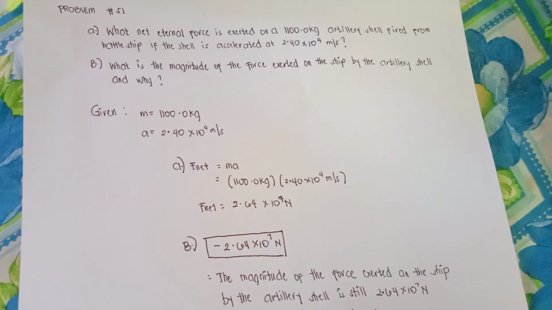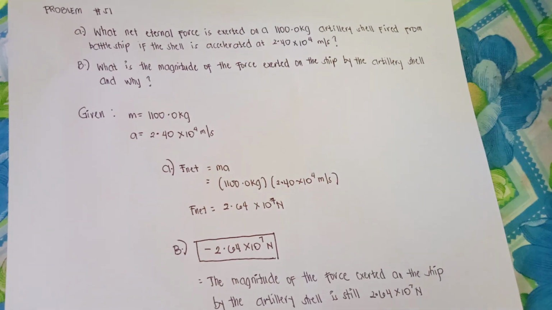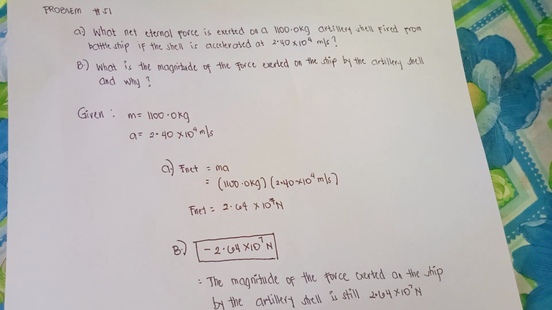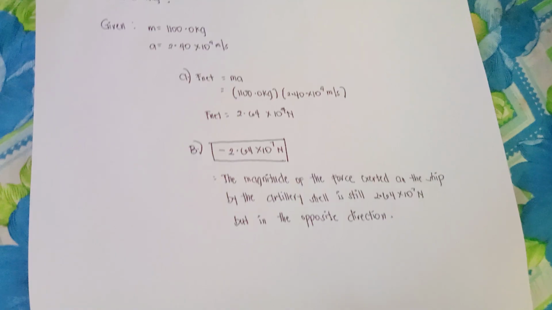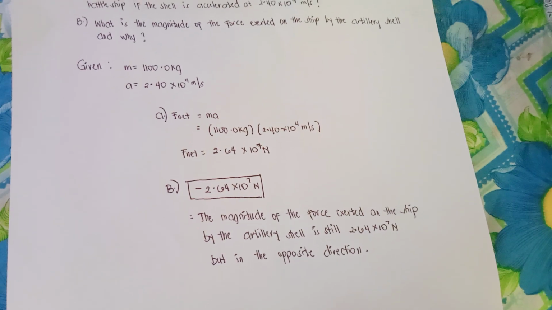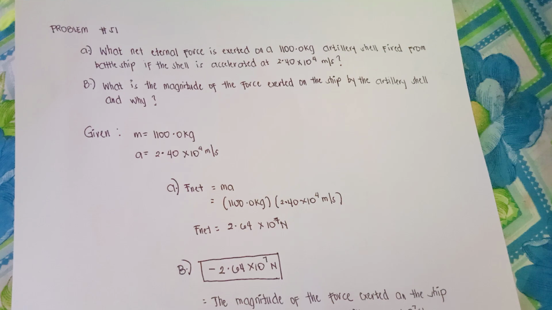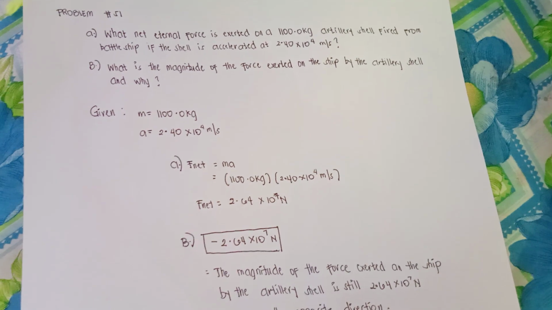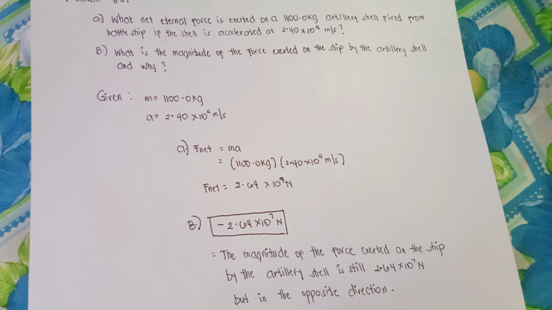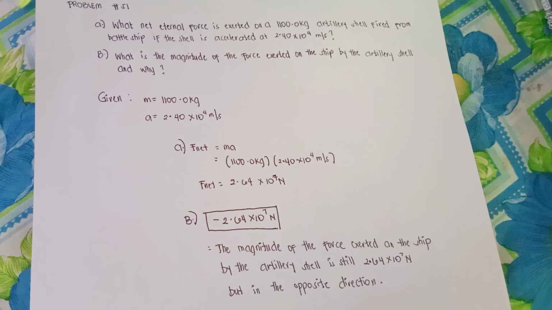Letter B: what is the magnitude of the force exerted on the ship by the artillery shell? Given: M equals 1,100.0 kilogram, and the acceleration is 2.4 times 10 to the power of 4 meters per second squared.